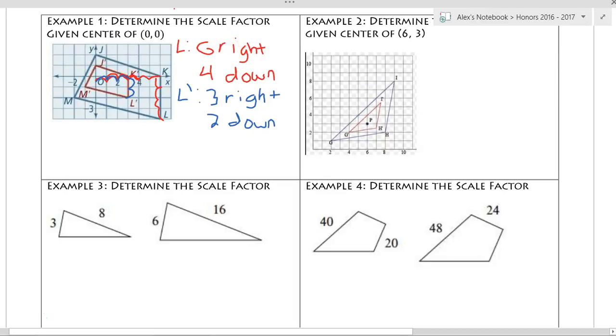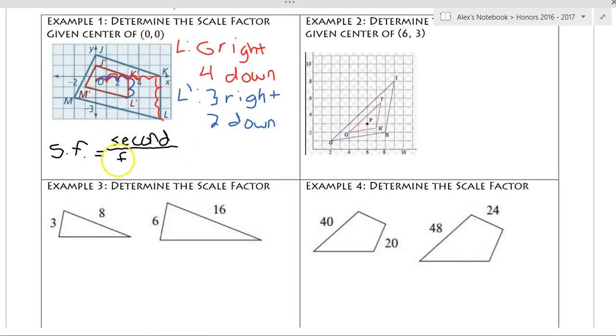So now that I know this information, I can find my scale factor. I'm going to abbreviate it, SF, equals, it always equals the second over the first. So L prime comes second, it's not the original letter.